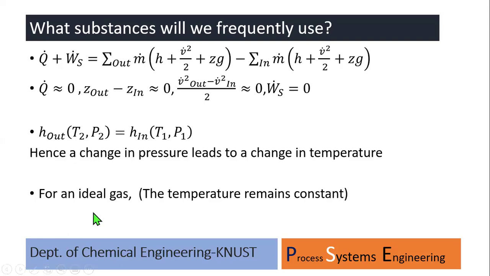Okay. When we deal with ideal gases, however, we are working with the idea that the temperature is going to remain constant. This is because, with ideal gases, we can drop the pressure, but we are not going to see a significant effect of the pressure on the enthalpy as compared to temperature. So when we are dealing with ideal gases, the enthalpy is more defined by temperature. Remember our ideal gas table.